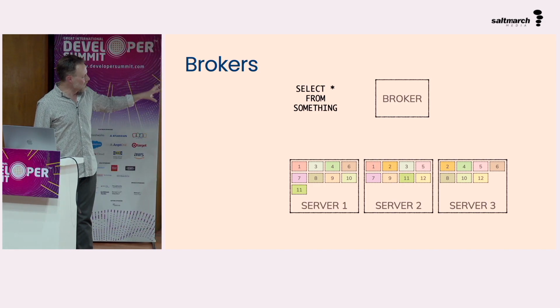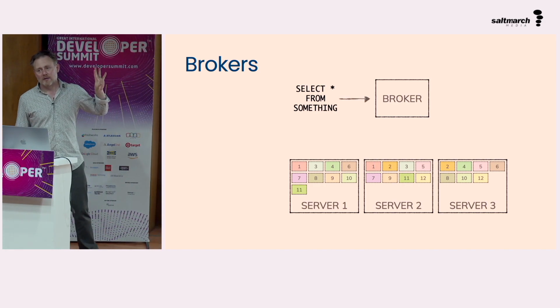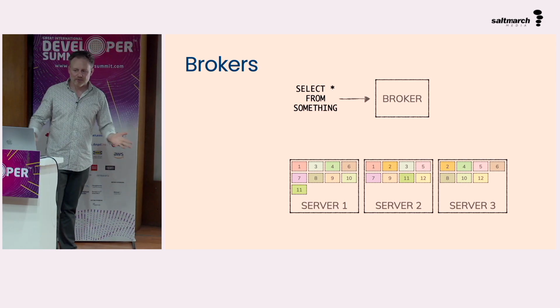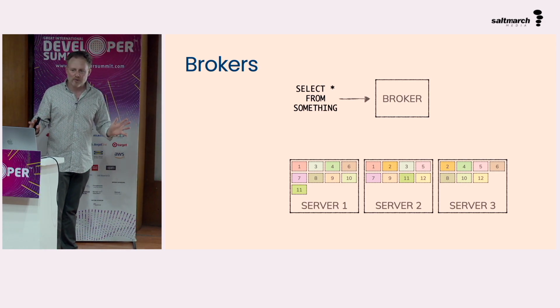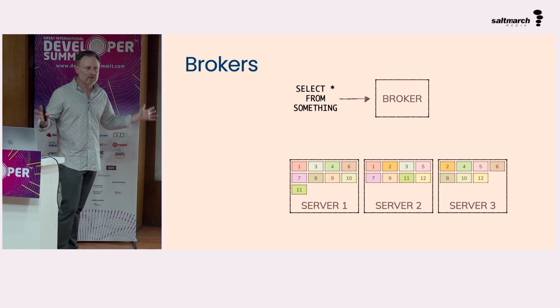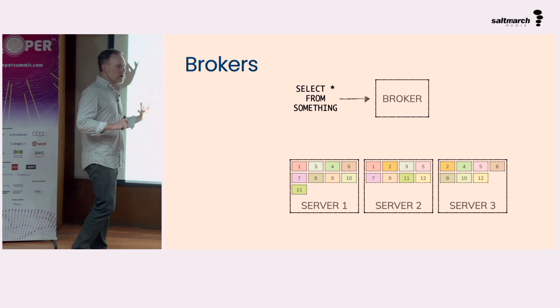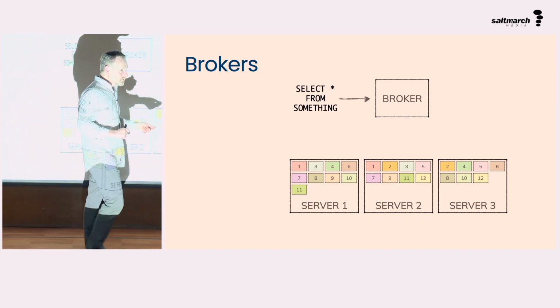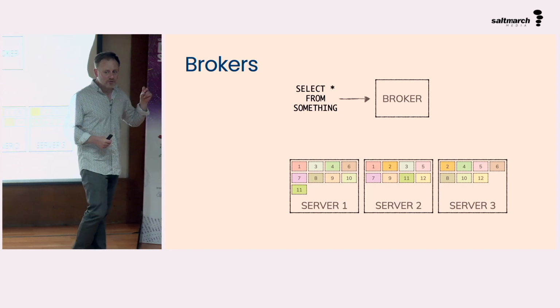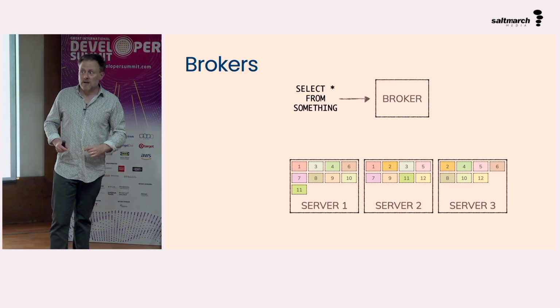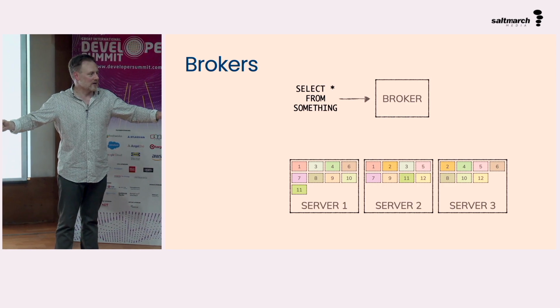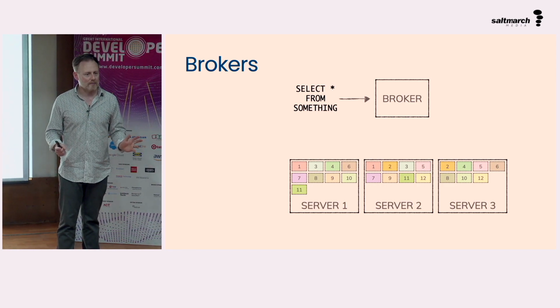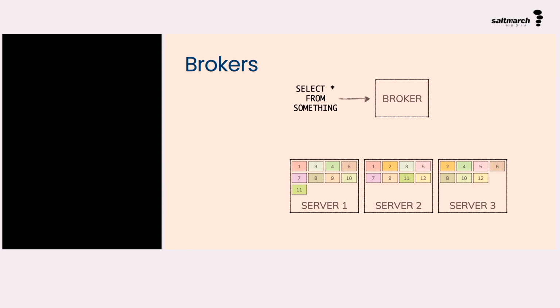So a query comes in. Brokers are keepers of all of the cluster metadata. What are the tables? What segments are they composed of? What servers are there? What segments are stored on what servers? How are replicas allocated? These are all things that brokers need to know. That's all important.